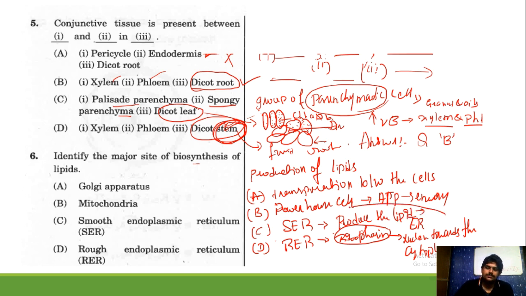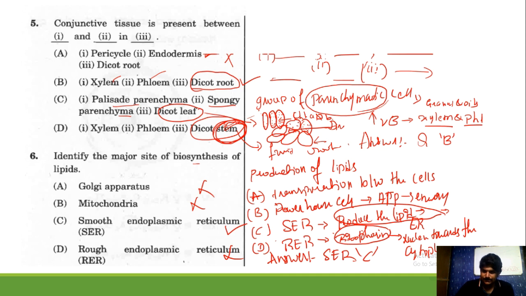This is very important, and lipids are also produced elsewhere. So the answer for this question is SER, smooth endoplasmic reticulum, option number C. All the other options are wrong.